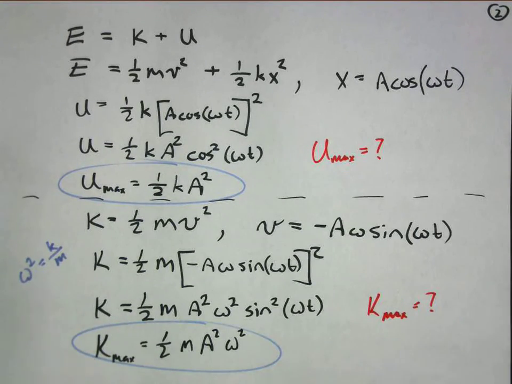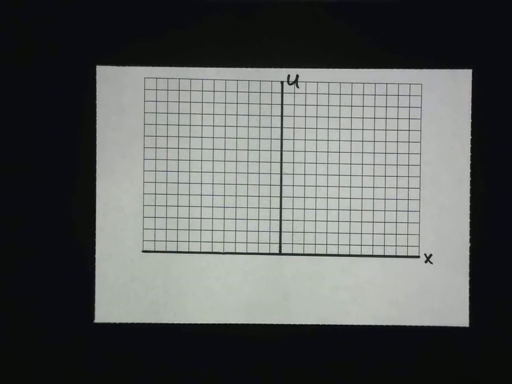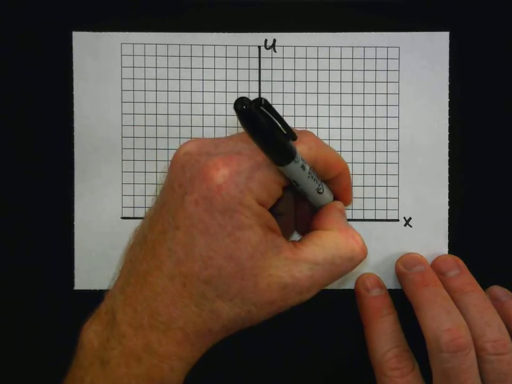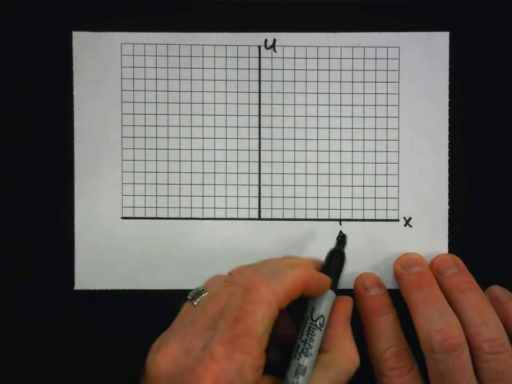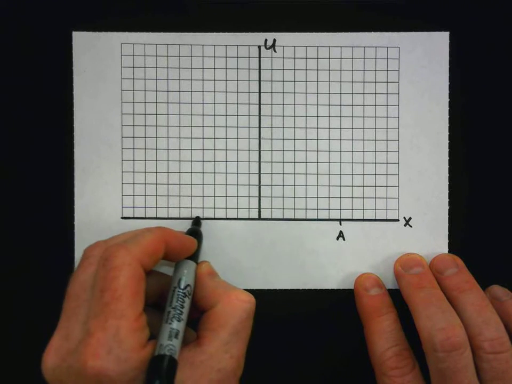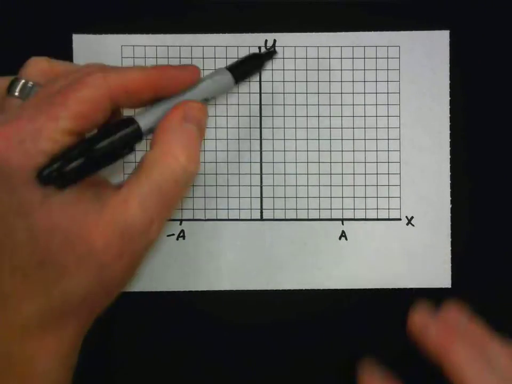All right, well the next step is, let's map this out a little bit and see what happens, right? A little graph here for you this time. At a displacement of, let's call this A for our x value. Call it negative A. Okay, and we're going to graph potential energy.